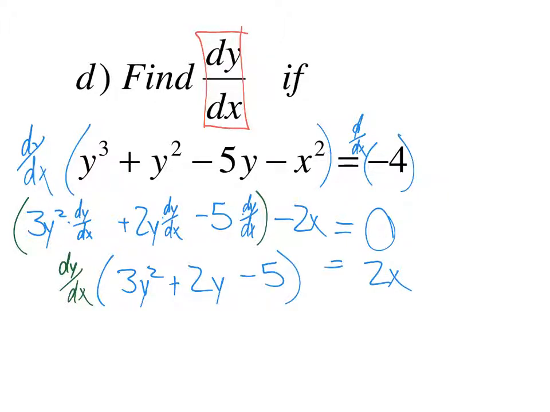And now, I can divide both sides of the equation by this set of parentheses. So I've got dy dx equals 2x over 3y squared plus 2y minus 5.